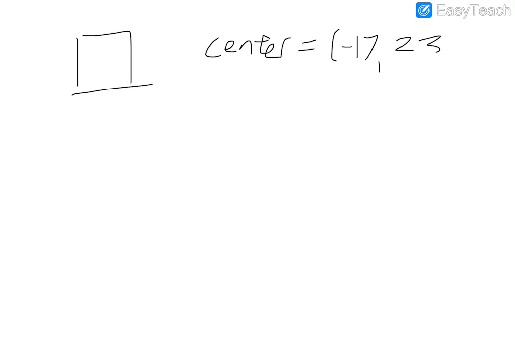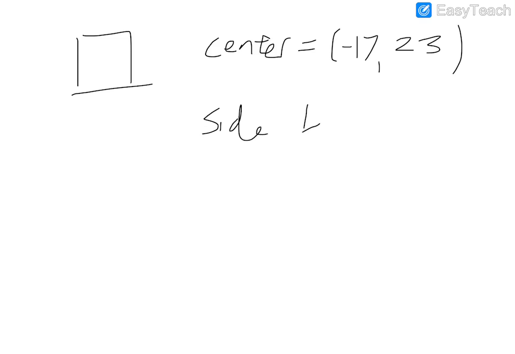So there's a square. It's okay, that's a badly drawn square. Its center is at (-17, 23).